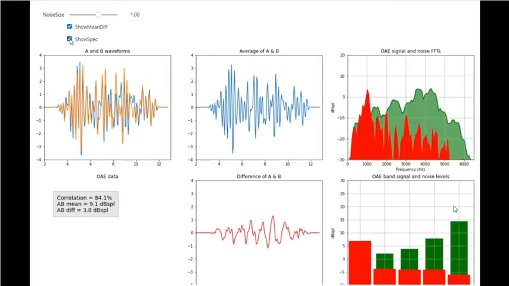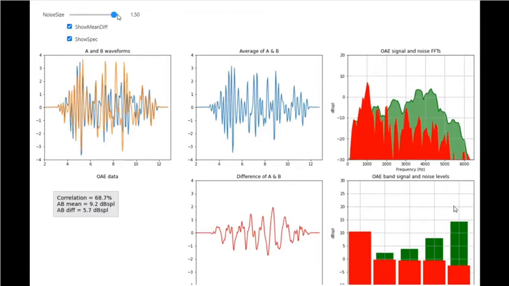Here's the spectrum of the waveforms. The top panel shows the detailed spectrum, and the lowest panel shows that energy grouped into half-octave bands. The reason that's more useful is that if I now increase the noise level in the response up to 1.5 times what existed in this particular measurement, we can see that the correlation is down at 68%.